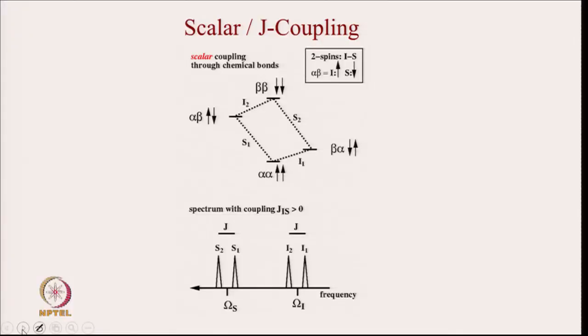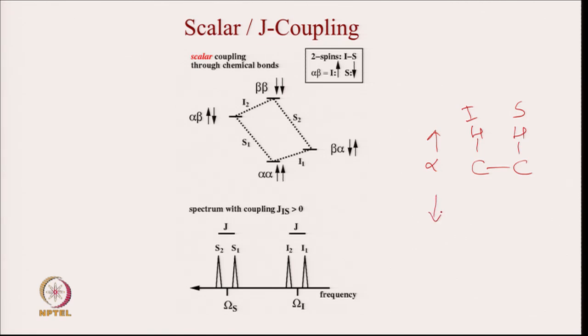So, if there are two spins adjacent to each other, they will split the signal. To explain this, let us assume that this spin is given by I and this spin is given by S. If the spin is in this direction, then I give it the alpha sign.